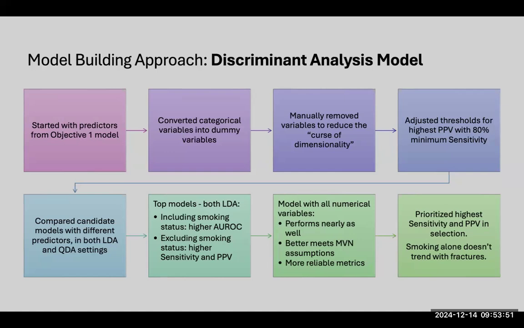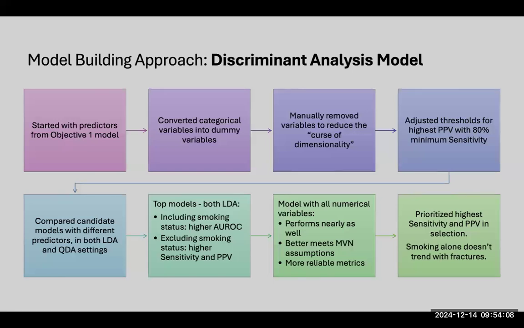The top models were both LDA models. One included smoking status and had a higher area under the ROC curve, and the second did not include smoking status. That was the difference between them, and that one had a higher sensitivity and PPV.